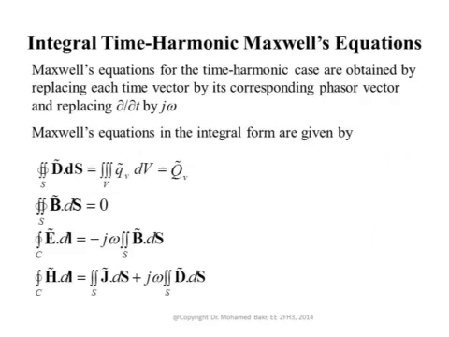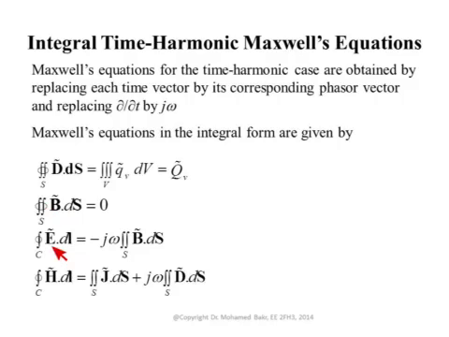So by applying phasor analysis, we know that every time domain derivative can be replaced by j omega, and then we can write Maxwell's equations in the time harmonic form. If you integrate the phasor of D over a closed surface, this will give you the phasor of the enclosed charge, which is equal to the volume integral of the phasor of the volumetric charge density. If you integrate the phasor of the vector B over a closed surface, this must give you 0.